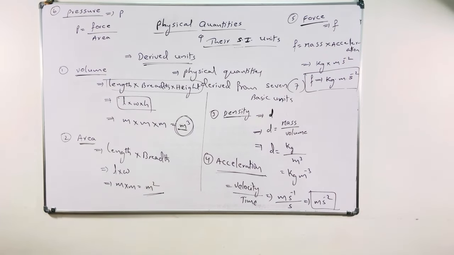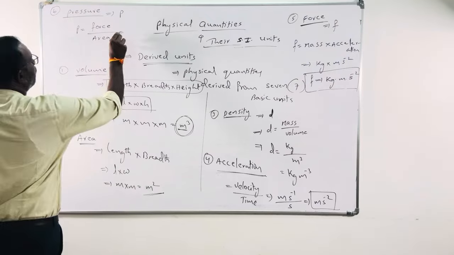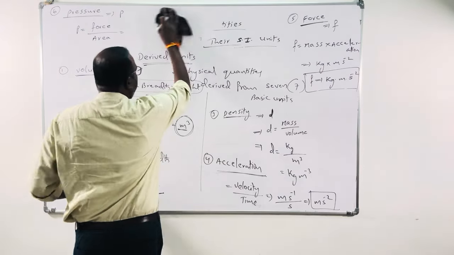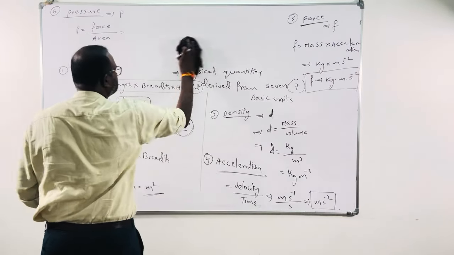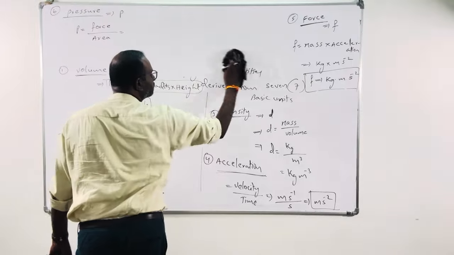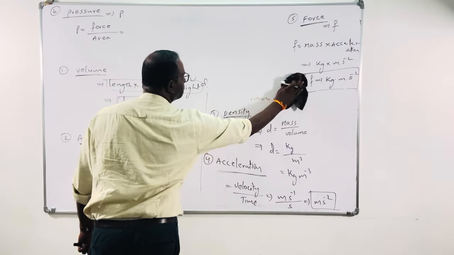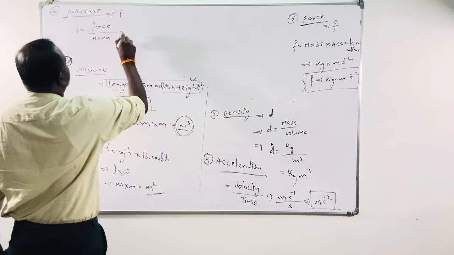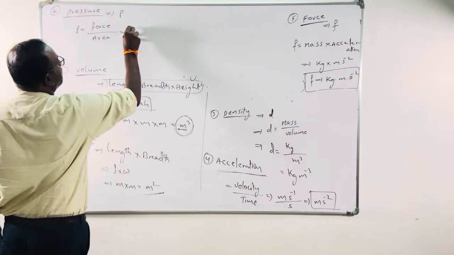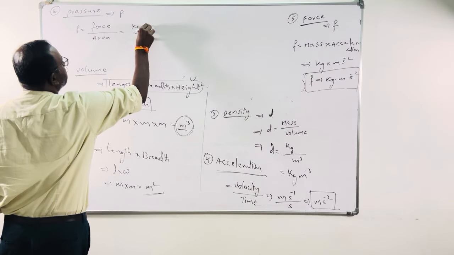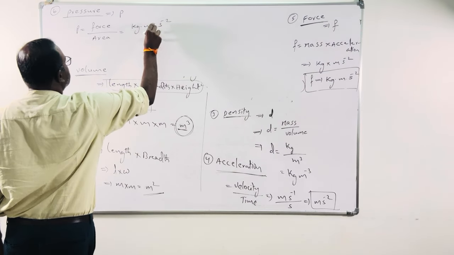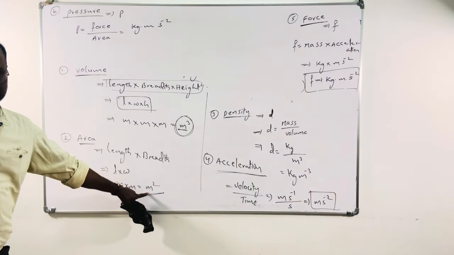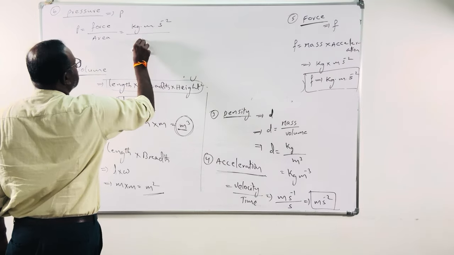For force, units are kilograms meter per second square, and area units are meter square, because the area unit is meter square.